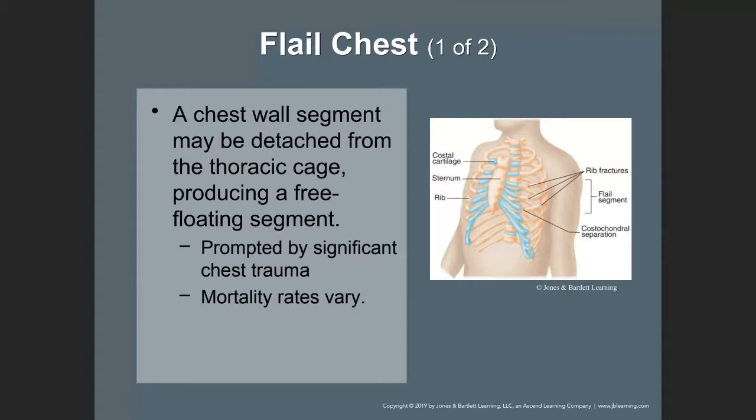Flail chest. A chest wall segment may be detached from the thoracic cage, producing a free floating segment, which results in paradoxical motion. Prompted by significant chest trauma, mortality rate varies.